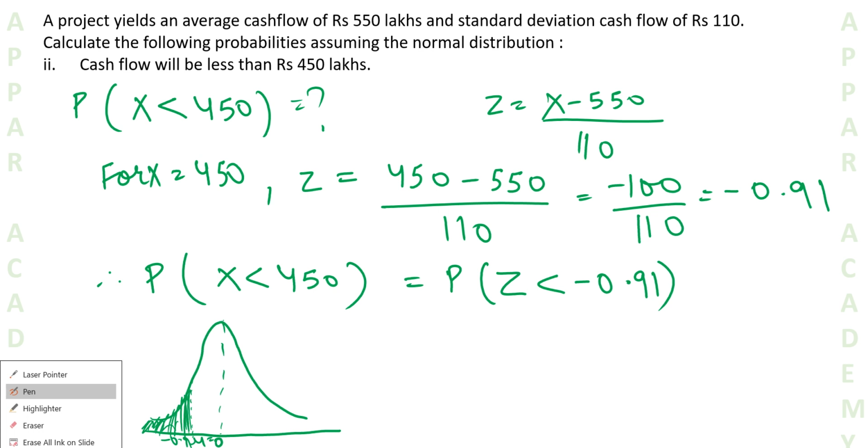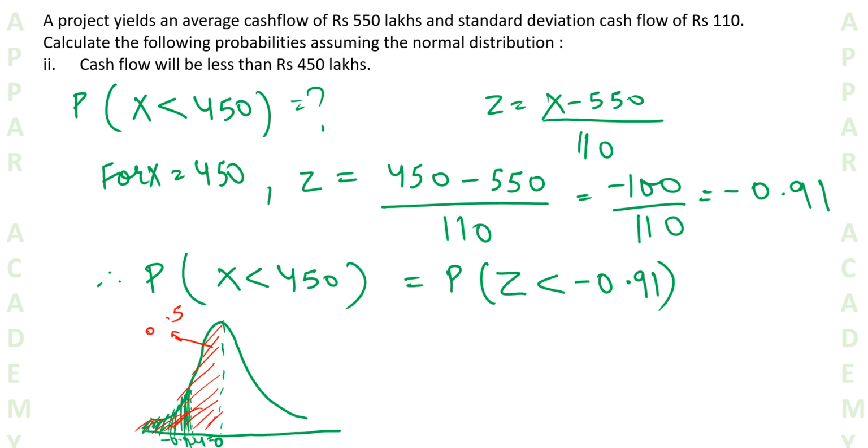Since we know that the area towards the left of 0 is 0.5, can we say that this entire red region is nothing other than 0.5? Red shaded area is 0.5. Now, if I subtract this blue region from the whole 0.5, will I get this green region? Right? So just by subtracting this blue region from the entire 0.5, we'll get the green region. That is the required probability.